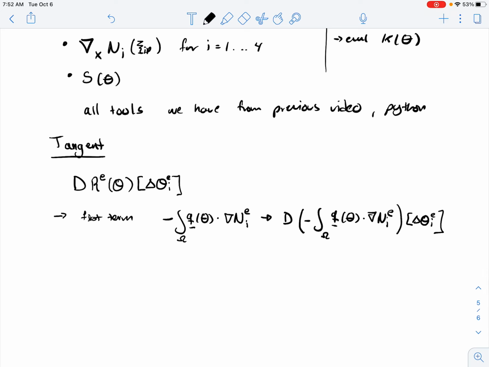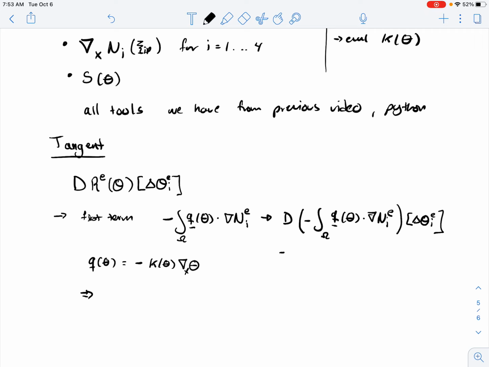And so if you recall, Q is, as I said, Q of theta, I made it minus K of theta times the gradient with respect to X of theta. So I want the linearization.